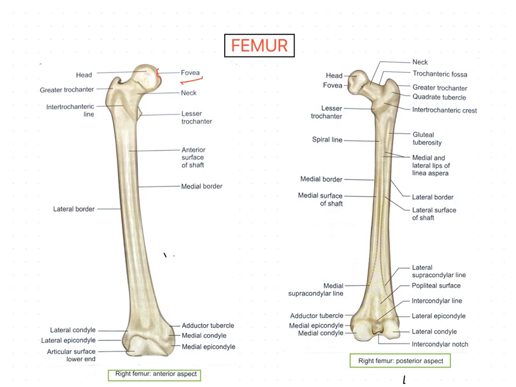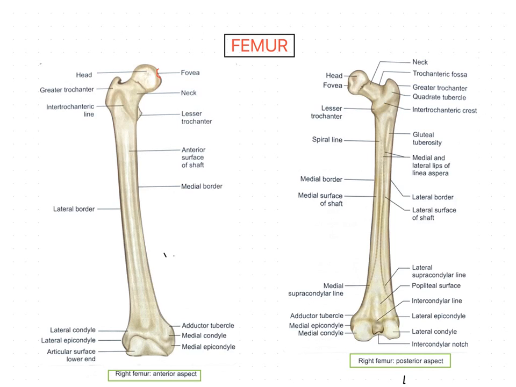Here we also have to observe one line which is present between the greater trochanter and lesser trochanter, that is called the intertrochanteric line. It also possesses the intertrochanteric crest. That crest we can see very clearly on the posterior aspect. This is the intertrochanteric crest.